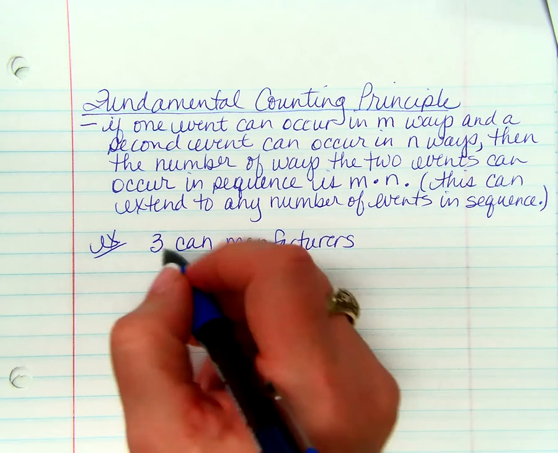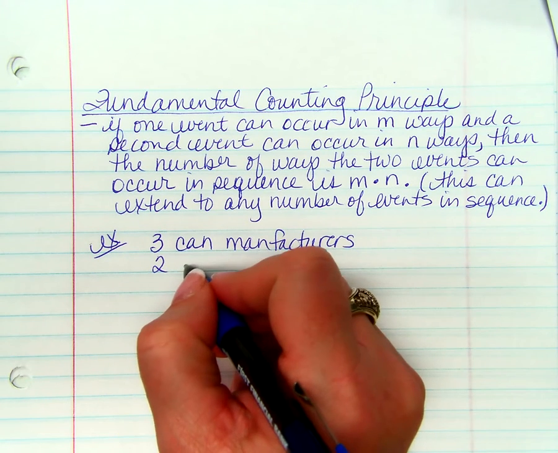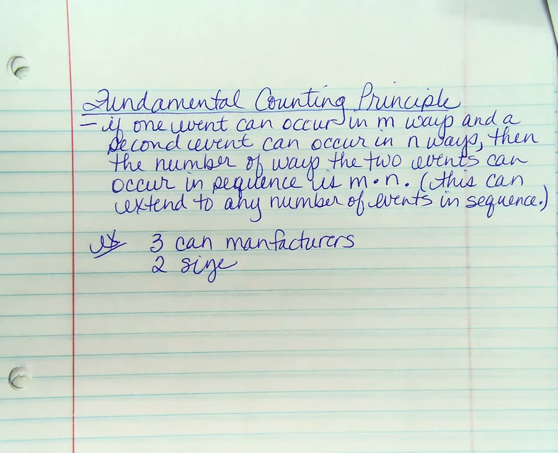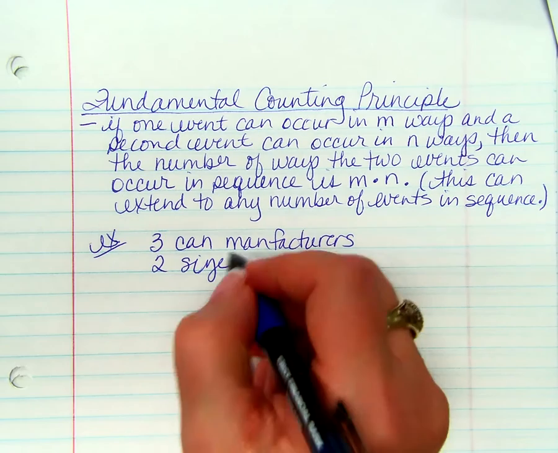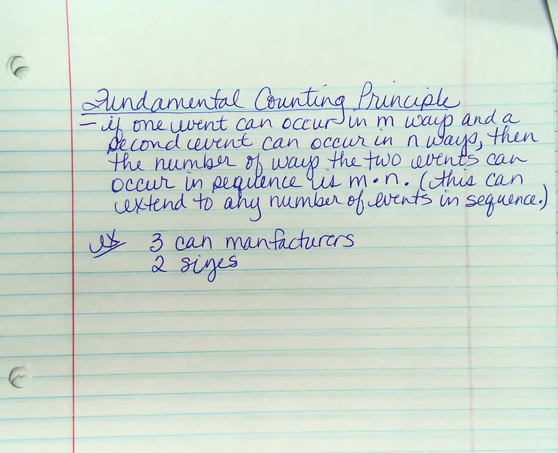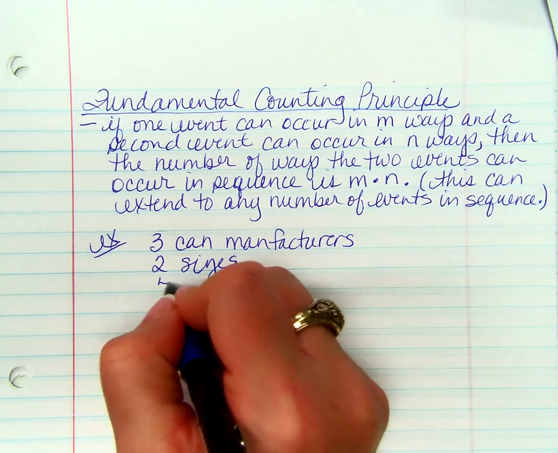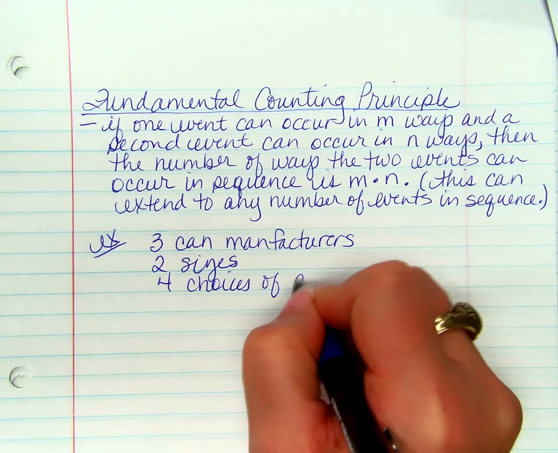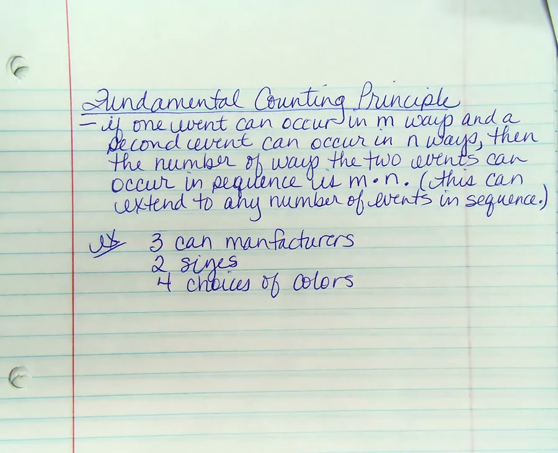Because of the kind of car I want, I only have 2 types of size of car. Maybe because of my financial arrangement or something like that. I only have 2 sizes. Okay. And then I have 4 choices of colors. Fuchsia, neon green, bright yellow, or orange. Those are good colors for a car, right? No? Okay.